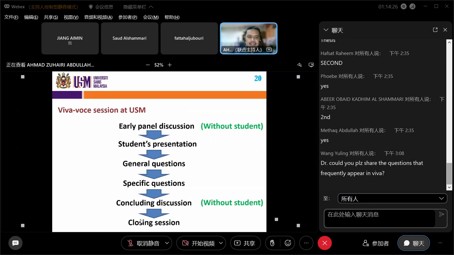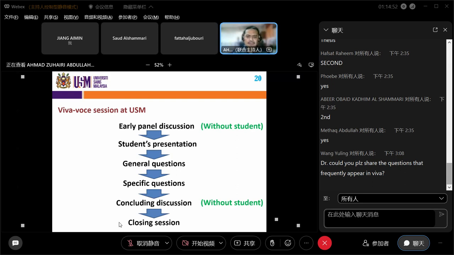So how it is conducted in USM? Usually, all the panel will gather in the Viva room or maybe in the online platform. In your absence, maybe initially you could be there together, but when they start discussing, you will be asked to leave for a while. So they'll have an early discussion first to really set the tone for the discussion.